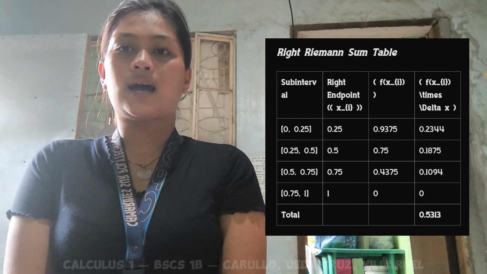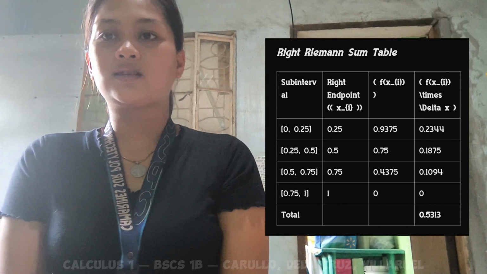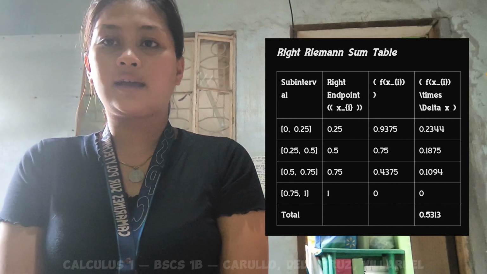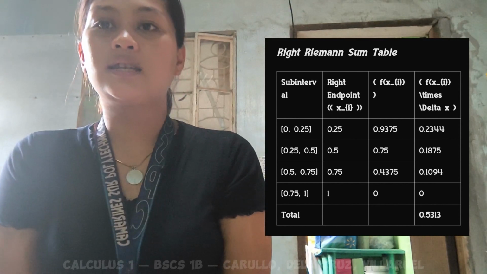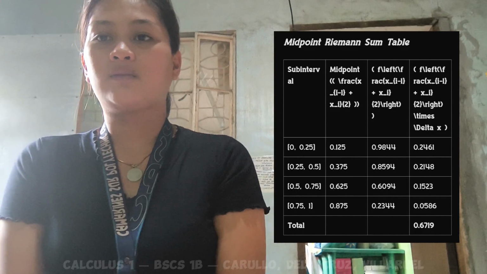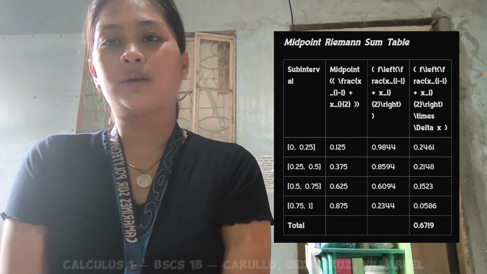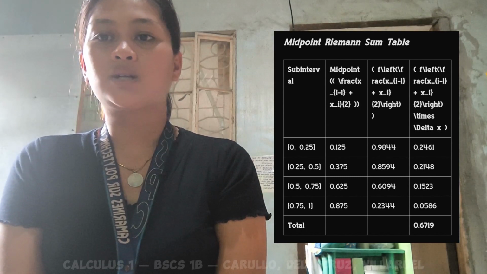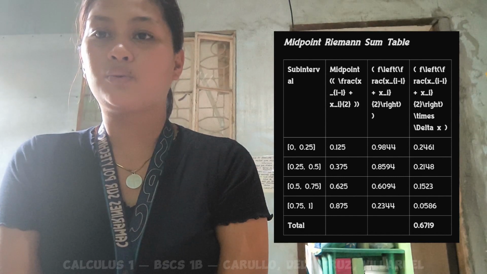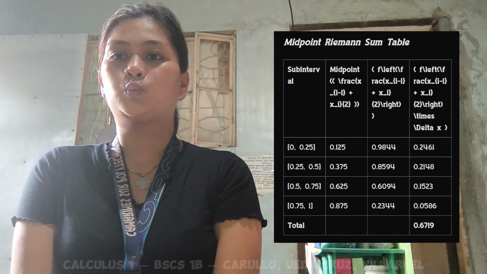The right endpoint for the i-th subinterval, x of i, equals a plus i times delta x. Midpoint is (x of i minus 1 plus x of i) divided by 2. For the midpoint Riemann sum, we use the midpoint of each subinterval as the sample point.